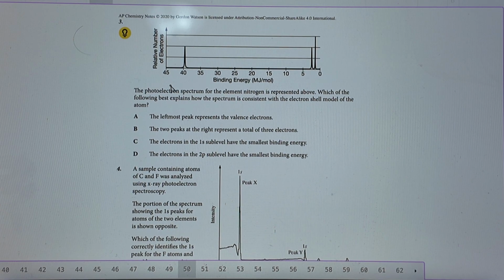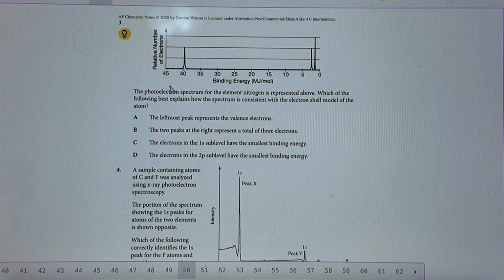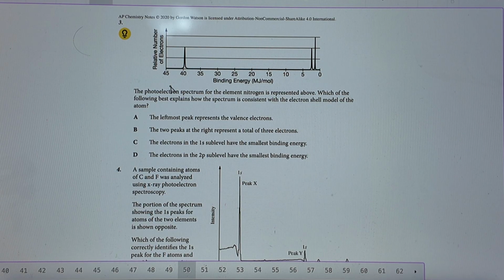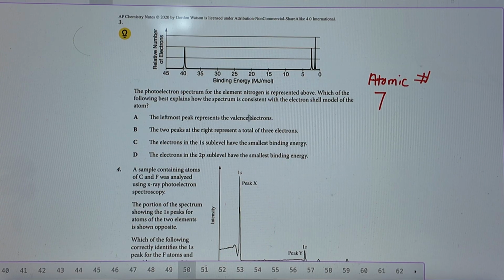Here it says the photoelectron spectrum for the element nitrogen is represented above. So this is supposed to be nitrogen, and if I remember, nitrogen has an atomic number of 7, right? So that means it should be 7 electrons.